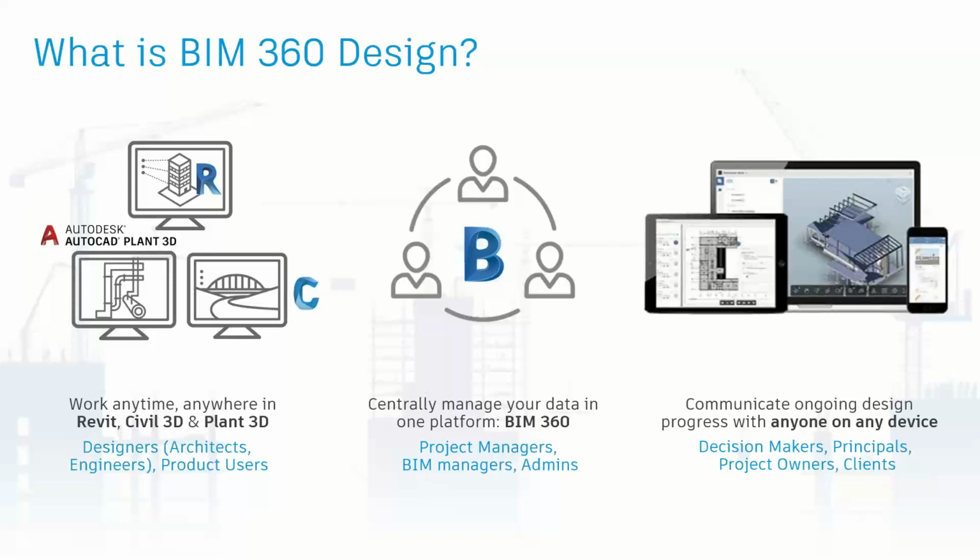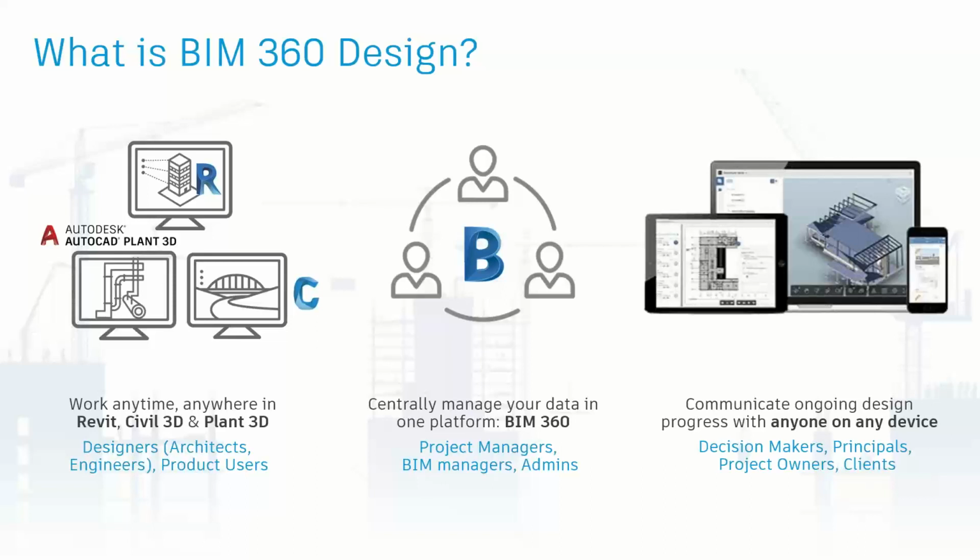The designers can save in there their Revit models, Civil 3D models, or Plant 3D, but also any other supporting project documentation, like specs, schedules, and sketches, all together in BIM 360. It makes the job easier for project managers and BIM managers, because they have all the information in one place.